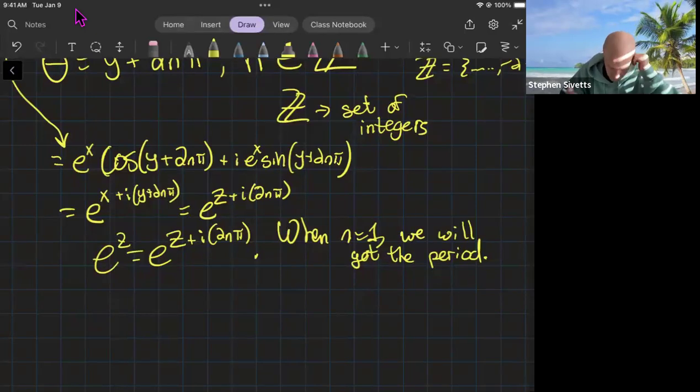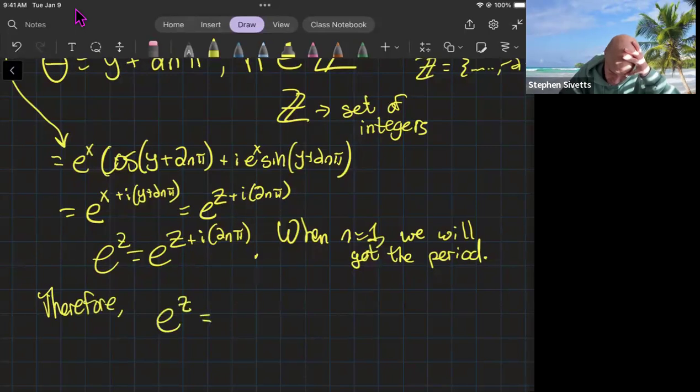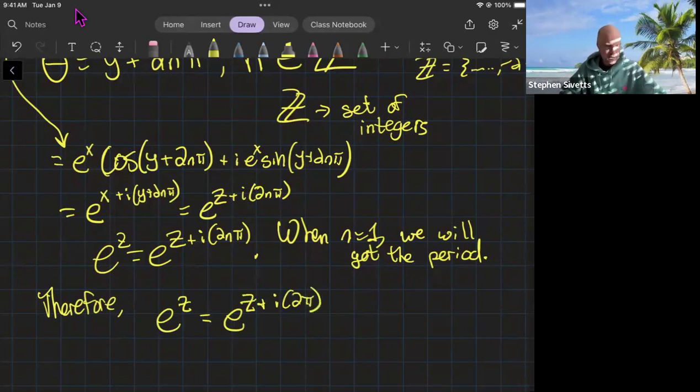So therefore, e to the z would equal e to the z plus i times 2 pi.